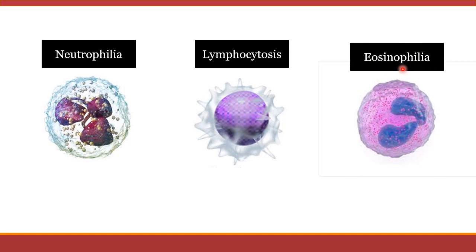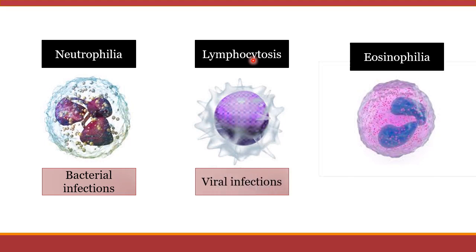What are the situations or the conditions that are associated with each one of those? Let's start with neutrophilia. What are the common inflammatory conditions that are associated with neutrophilia? Bacterial infections, yes. Next one, lymphocytosis. Lymphocytosis is mostly associated with which type of infections? The viral infections.